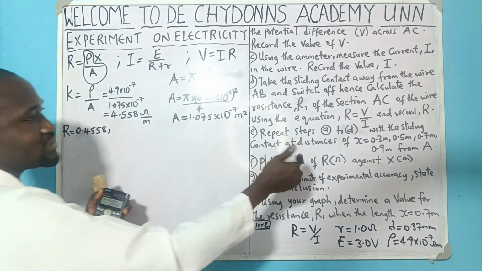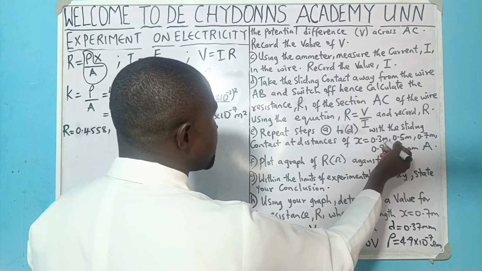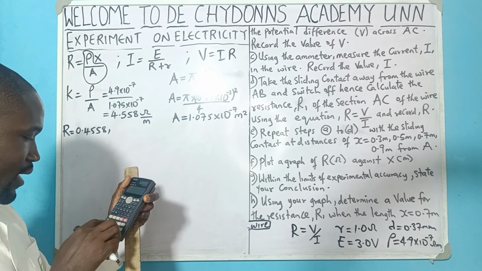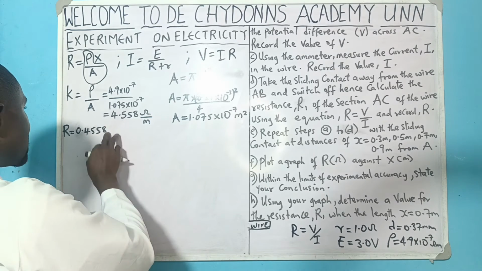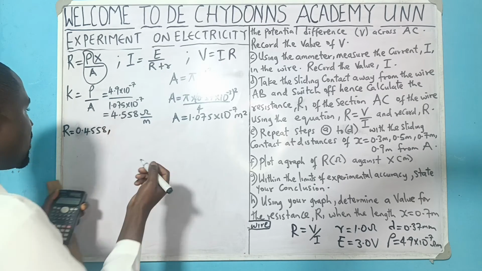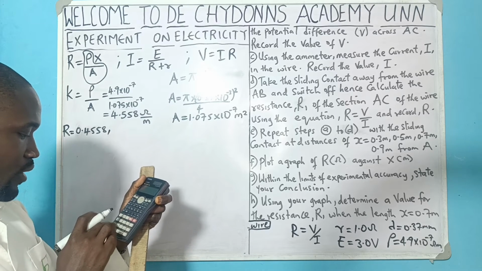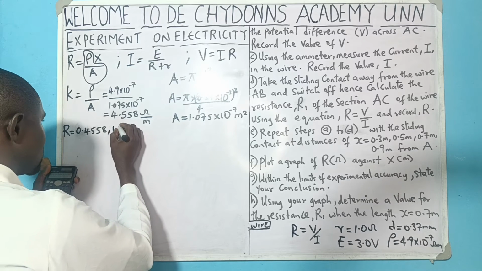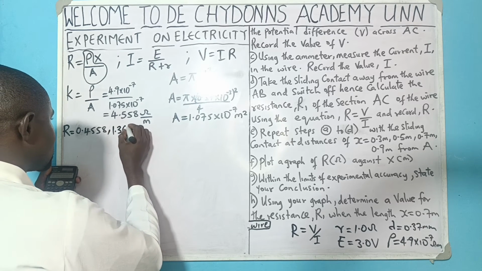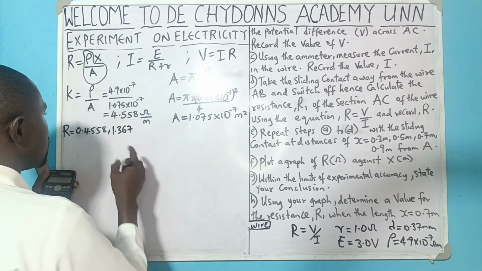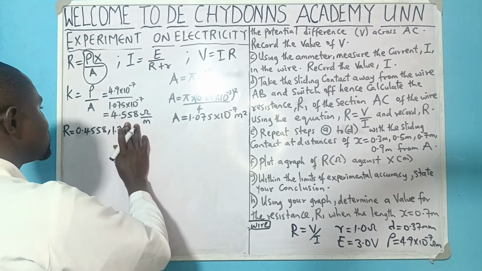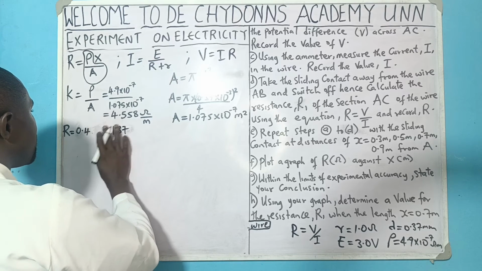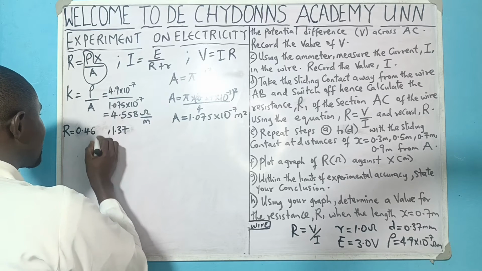Then for 0.3 meter, we say 0.3 times 4.558, all in ohms. That gives us 1.367, which is approximately 1.37, and the first is approximately 0.46.